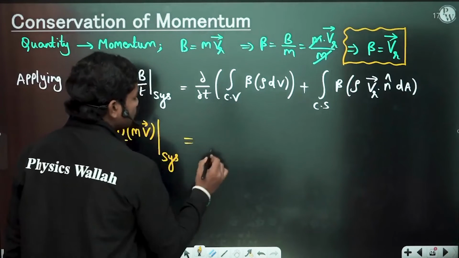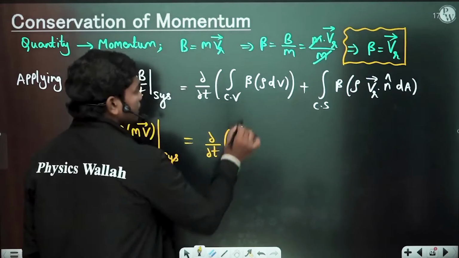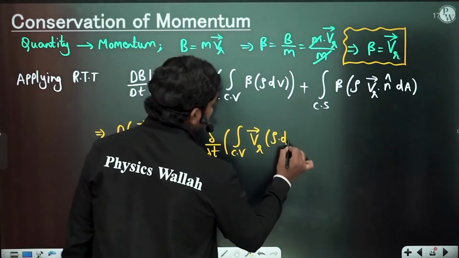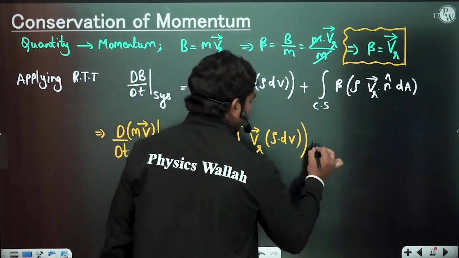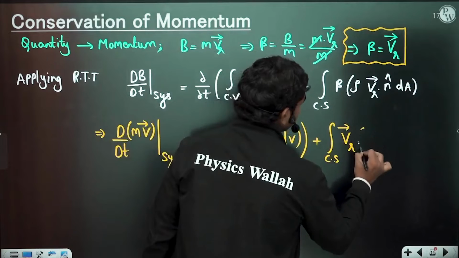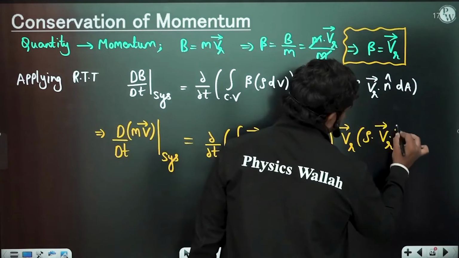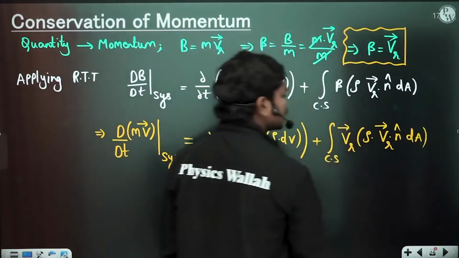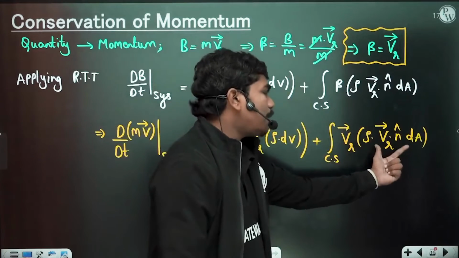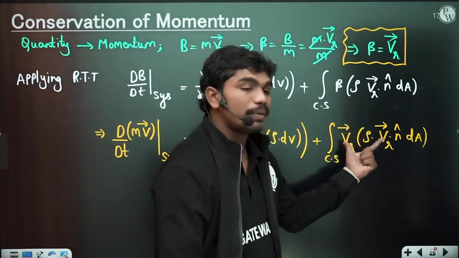So this is equal to dou by dou t of the integral over the control volume of V relative times rho dV, plus the integral over the control surface of V r bar times rho V r bar dot n cap dA, is what you actually have here in this case. Okay, so this V r bar dot n cap is nothing but the mass flow rate. So this is the net mass flow, of course, into this velocity. This gives you the momentum actually that's leaving.